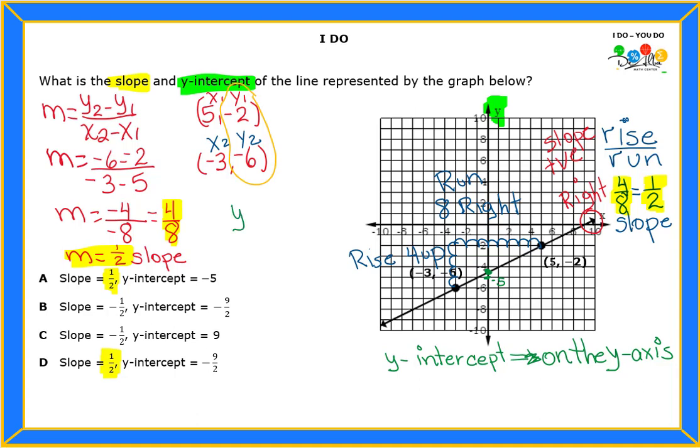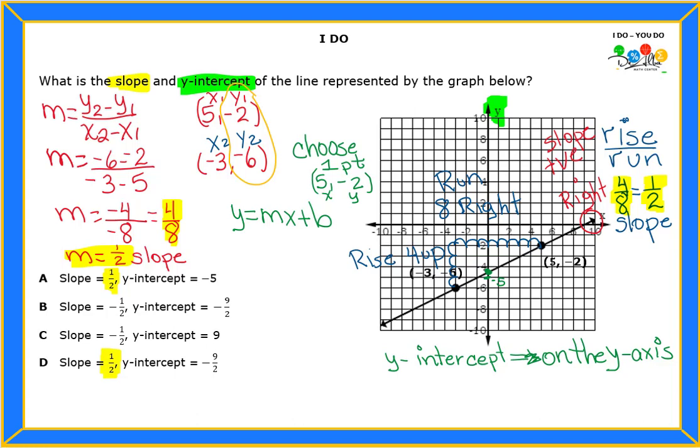So I'm going to write down my slope-intercept form, which is y equals mx plus b. And I need to choose one point. I can choose any of the 2 points that are given to me. So I'm going to choose 5 and -2, where 5 is x and -2 is y. Okay, so let's replace the values.